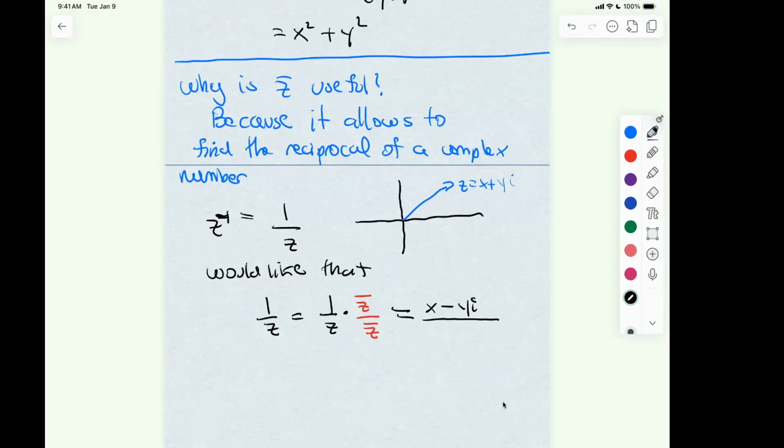And what would this be? The top becomes x minus y times i, and the bottom is z times z bar. But what was z times z bar? It's x squared plus y squared, right?